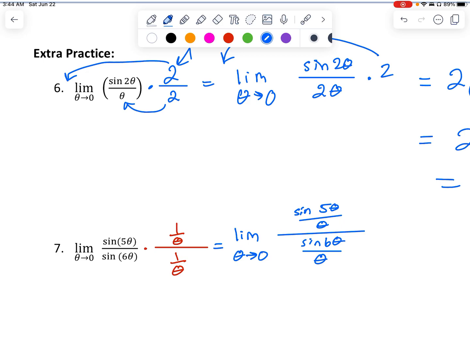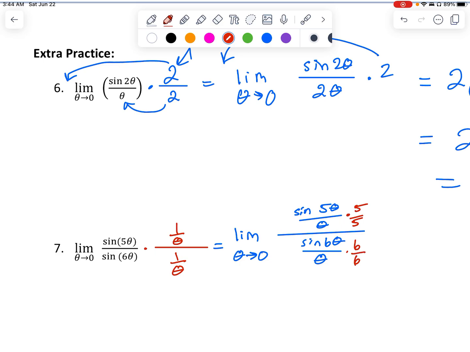If I just had one of these, then I would do exactly what I did here in number 6. So I'm going to do that within the pieces of the fraction. So in the numerator, I'm just going to treat that one and multiply it by 5 over 5, just like I did for number 6. In the denominator, I multiply by 6 over 6.